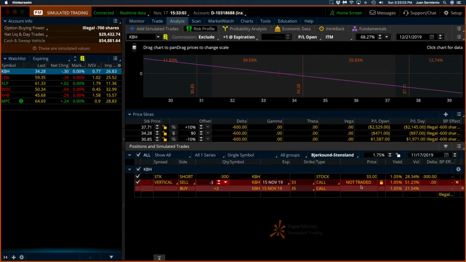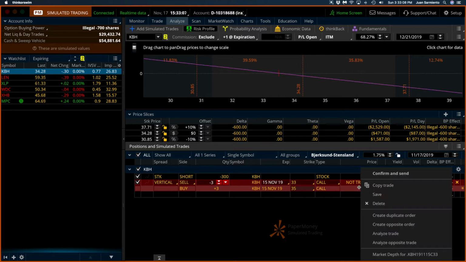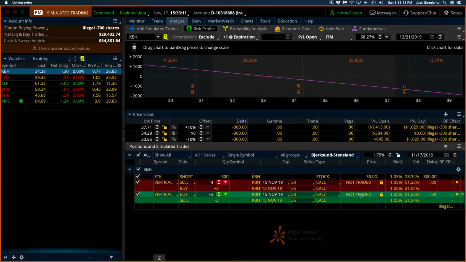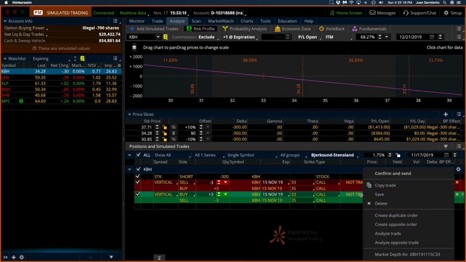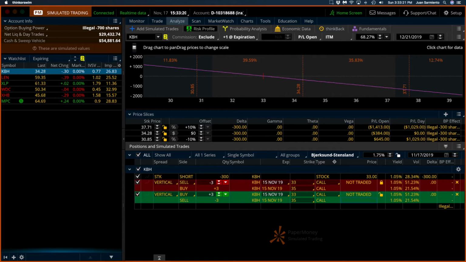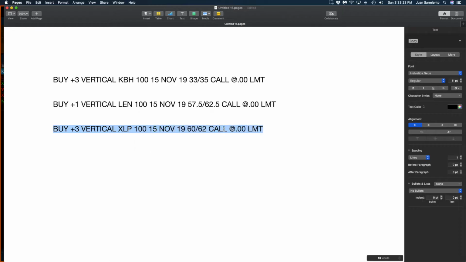But the options here end up as 0, so it's equivalent to us saying analyze the opposite and call this 0. We can't change this anymore because the options already expired, but we can copy this trade, take it to a word processor, paste it, and then change the price, which is 99, to 00.